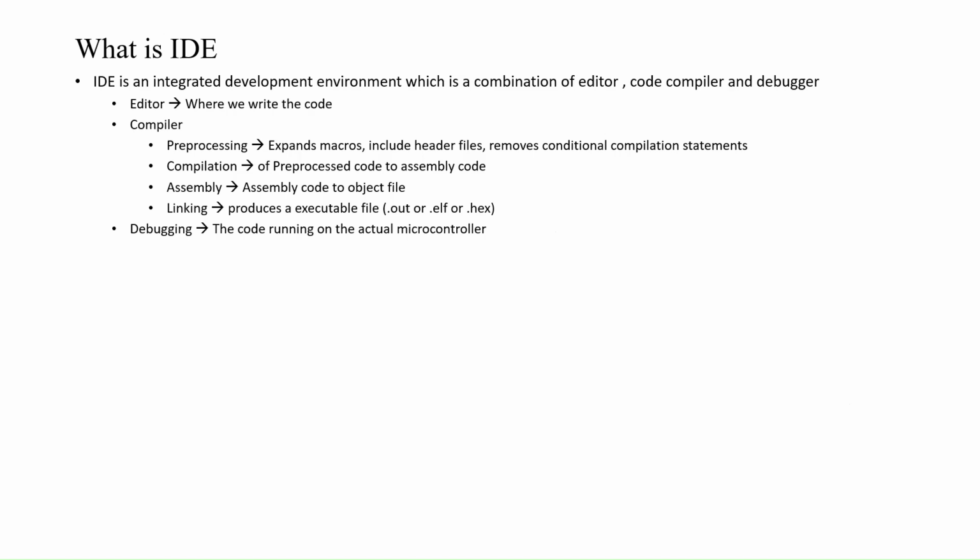For a particular microcontroller, the compiler may be free along with the installation of the IDE, or there may be cases where you need a special compiler to flash or to have an effective compilation of the code. The steps in the compiler are pre-processing, compilation, assembly, and linking. Finally, to run the code on the actual microcontroller, we need a step called debugging.